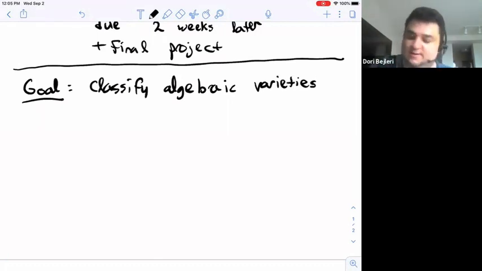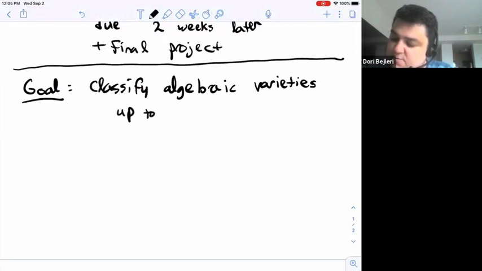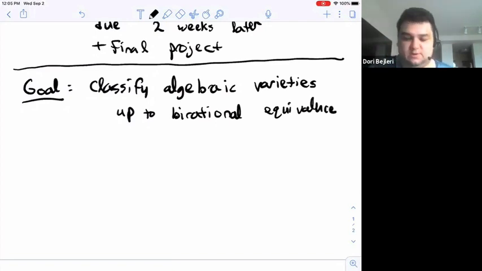And we can try to classify them up to isomorphism, but that's absolutely too hard. So instead, we can try to settle for up to birational equivalence. So that's our guiding principle for what we're going to study in this class.